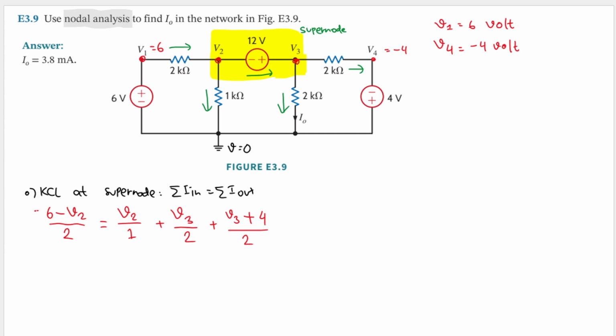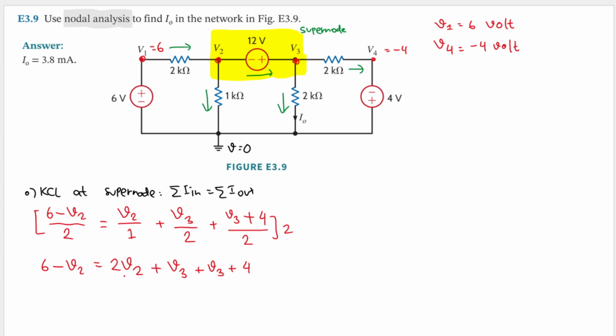Now multiply all terms by 2. On the left-hand side we have 6 minus V2, and that equals 2 V2 plus V3 plus V3 plus 4, since the 2s cancel.